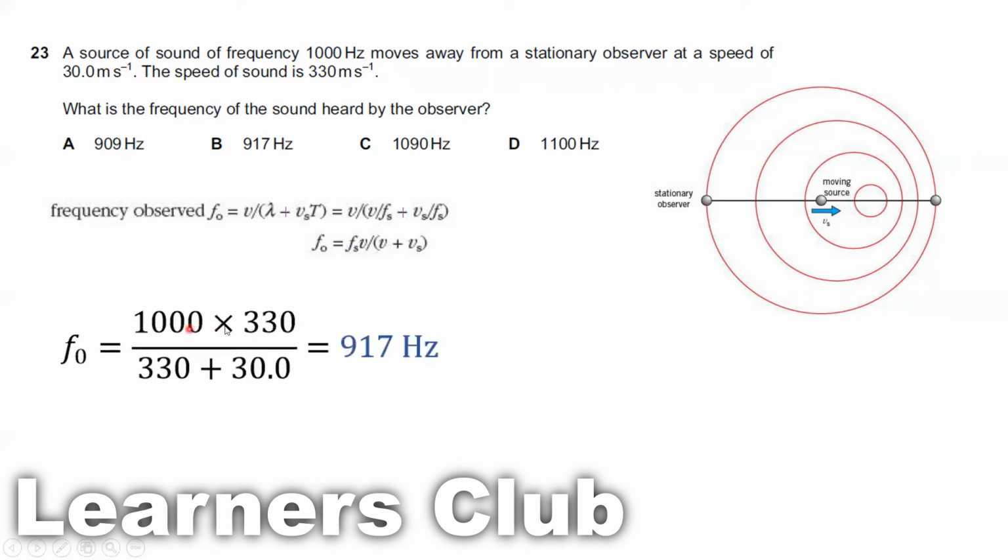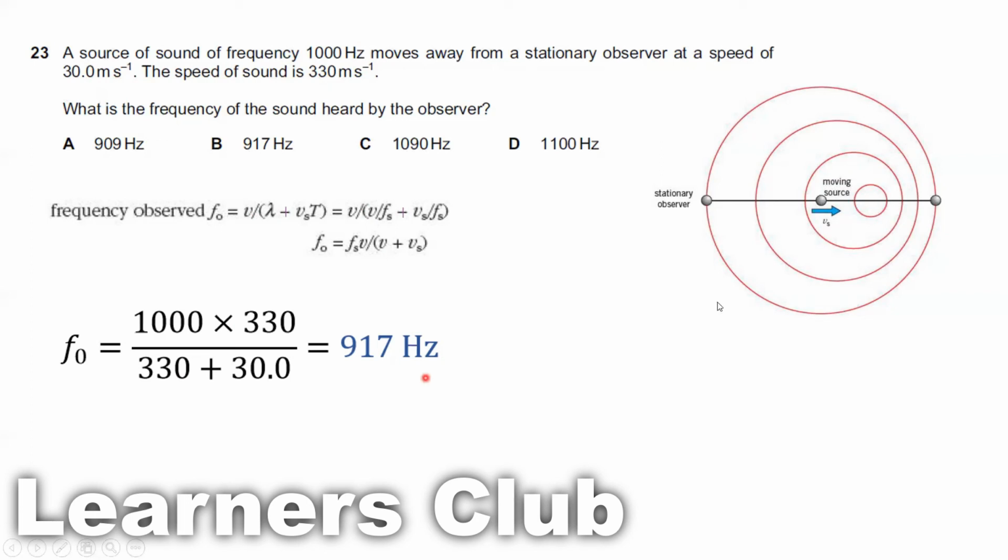So we have 1000 hertz as the frequency of the source of sound. Then, the velocity of the medium is 330, divided by the velocity of the medium, 330, and the velocity of the source, that is 30.0. So you'll get your answer as 917 hertz.